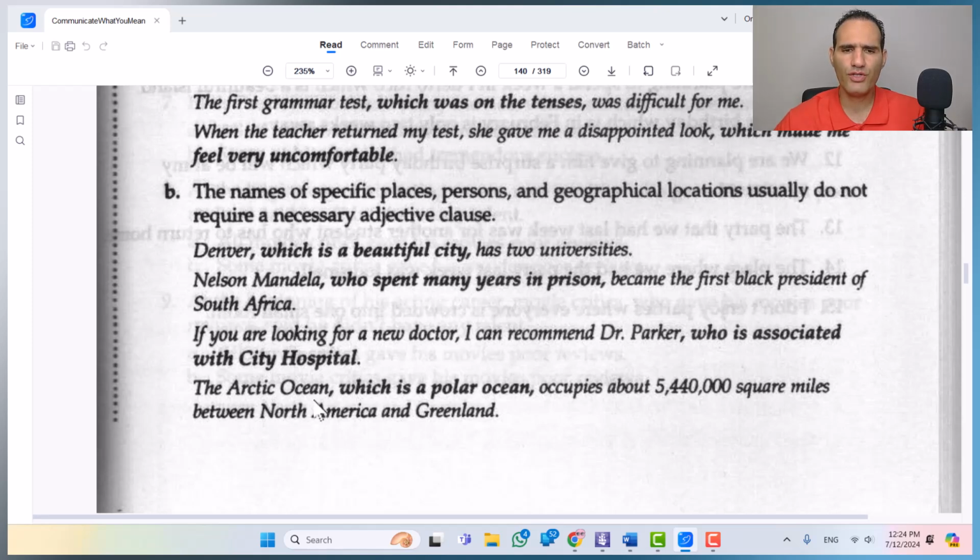And the Arctic Ocean, of course, there's only one Arctic Ocean, unnecessary adjective clause, set off by two commas, which is a polar ocean, occupies about 5,440,000 square miles between North America and Greenland. Okay?